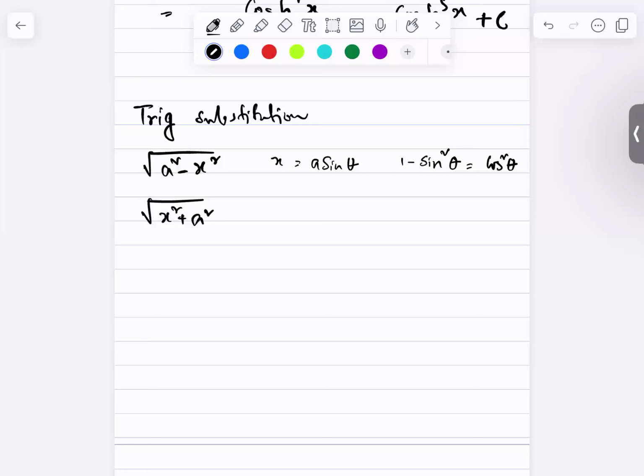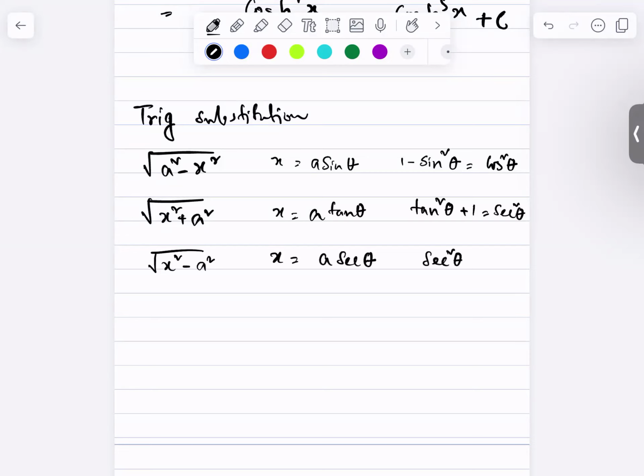For the other case, we use x to be a tangent theta, and then use tangent squared theta plus 1 to be secant squared theta. For the third type of integrations, where we have this sort of radicals, we use x to be a secant theta, and the identity that we use is this.